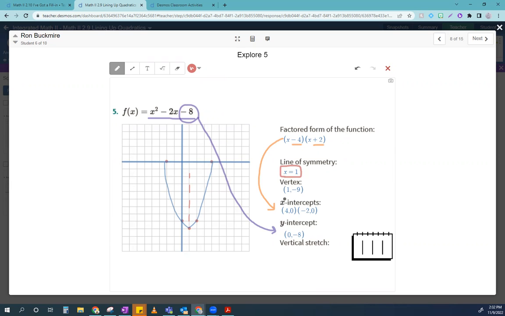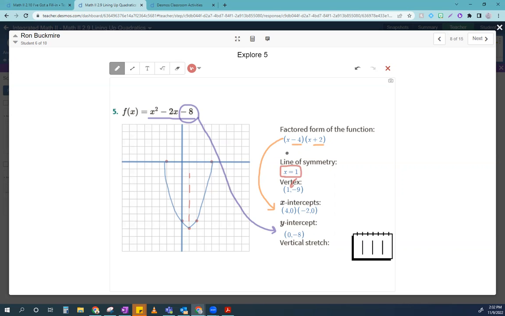Okay, fine, Ms. Johnson, but how do you find the vertex? Well, there's a couple different ways that you can find the vertex. One of the ways is by changing this and completing the square to get you in vertex form. If you don't want to do that, if you know your line of symmetry goes through the middle, including the vertex, see this guy's the x right here, then if I know what the x is, I can plug in to find my y.